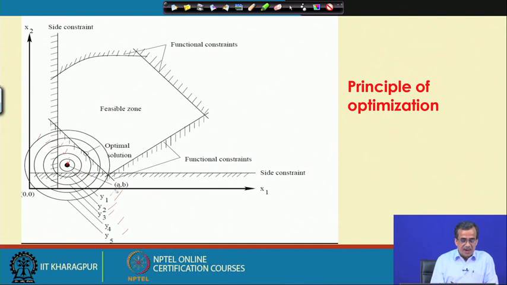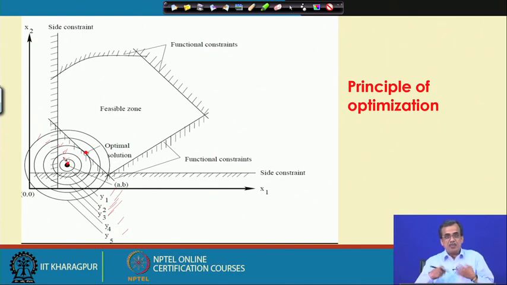Now, if I consider y 1, still this particular circle is there within the infeasible zone. If I take y 2, that corresponds to a circle which is also lying in the infeasible zone, but if I consider y equals to y 3, that particular circle is going to touch the feasible zone at this particular point. That is why this particular point is called the optimal solution for the constrained optimization problem. However, for the unconstrained optimization problem, this is the optimal solution.